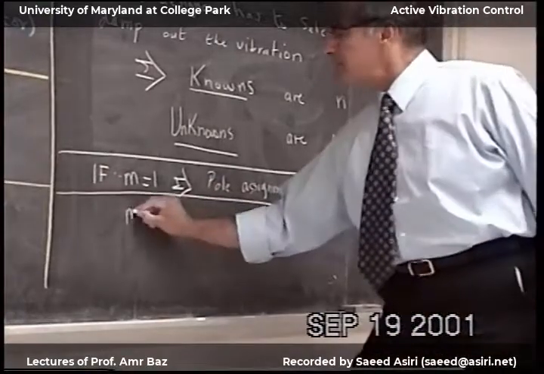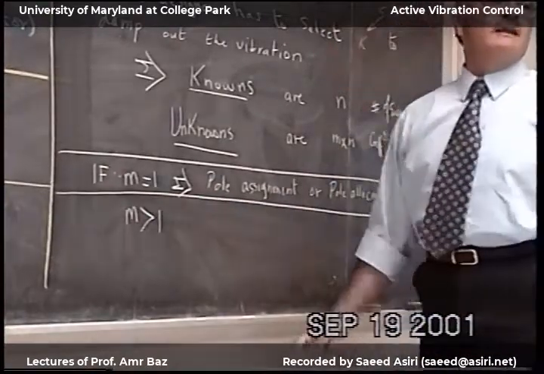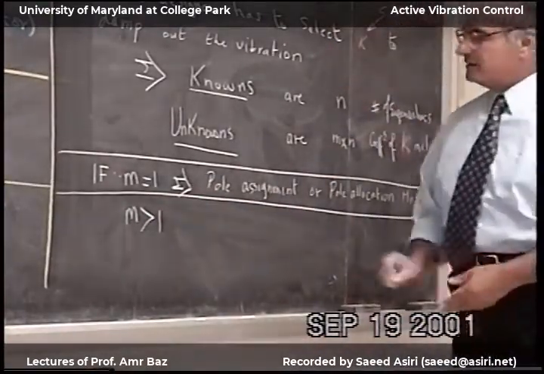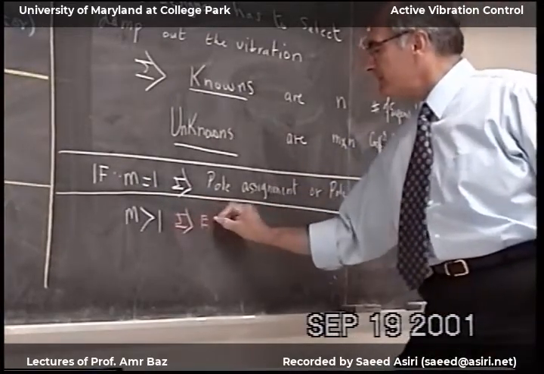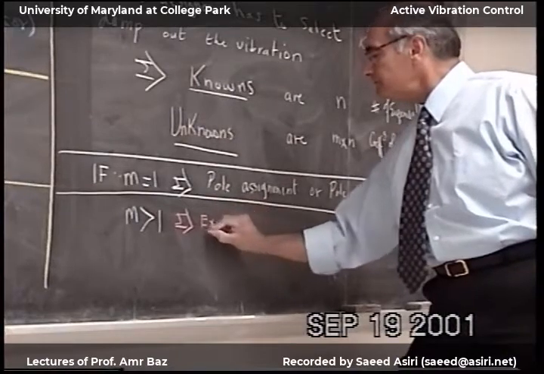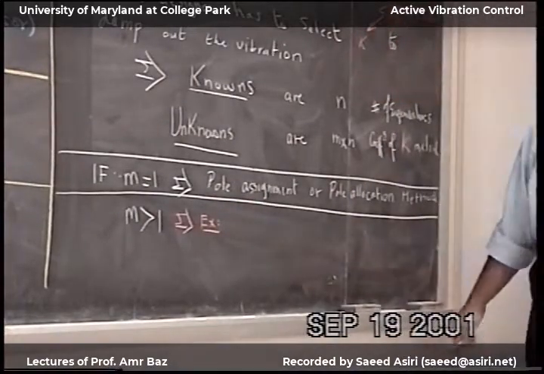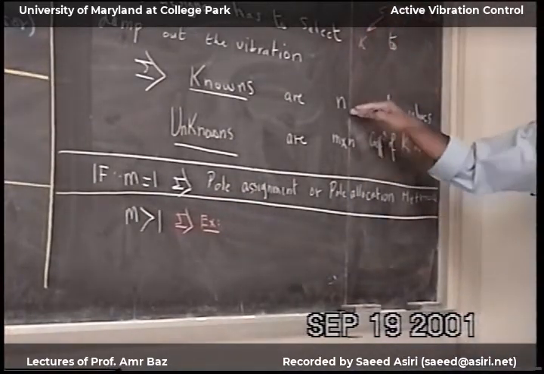If m is greater than 1, then let's just look at this example. I have more unknowns than equations.